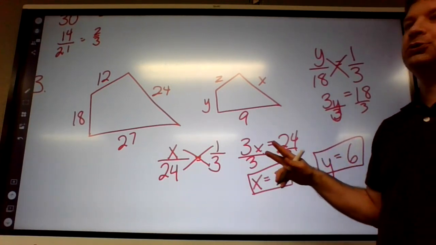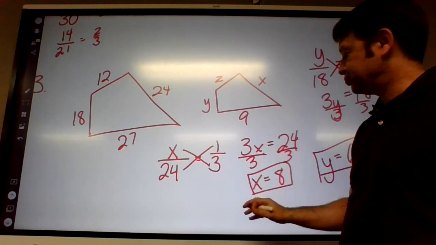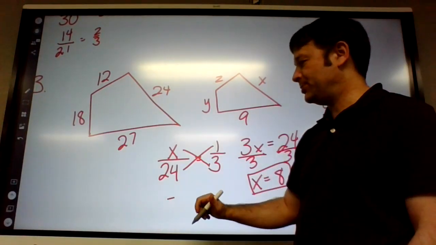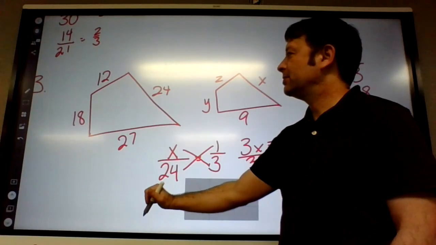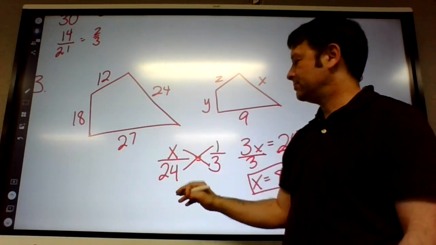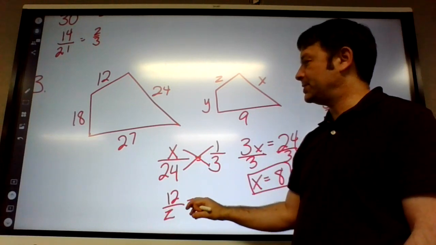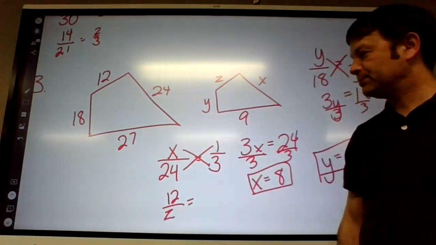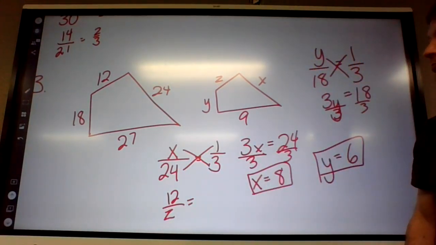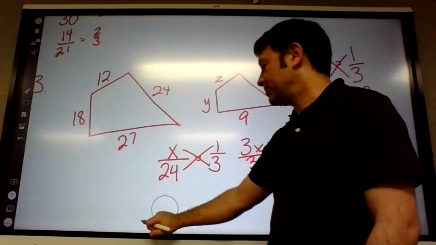12, or z over 12. Could we do 12 over z? What do you think? Could just have to do 27. Yeah, it works that way. 12 over z equals, go ahead, Roman. Wait, I'm lost. Okay, you wanted to do z over 12 again?